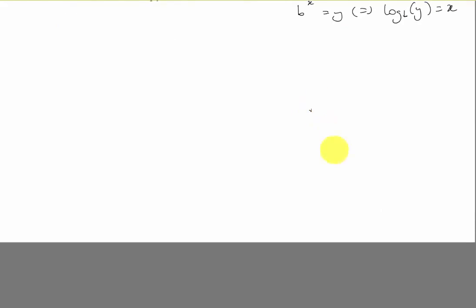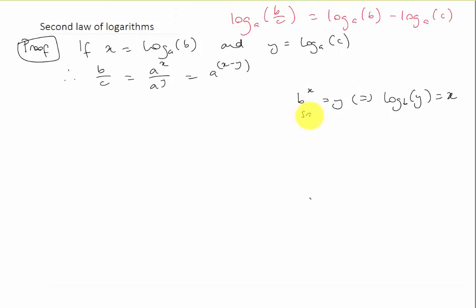And again, these are the same letters with different meanings compared to all these guys. Okay, so now we've got b over c is equal to a to the power x minus y.